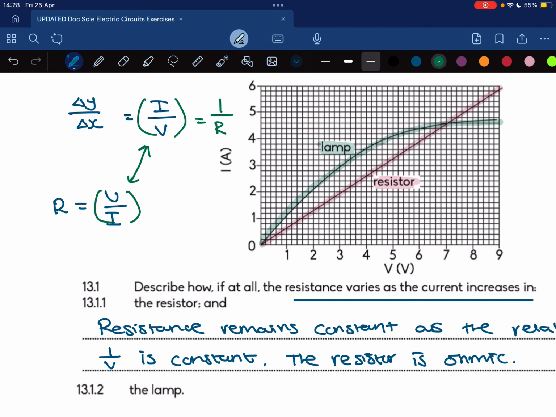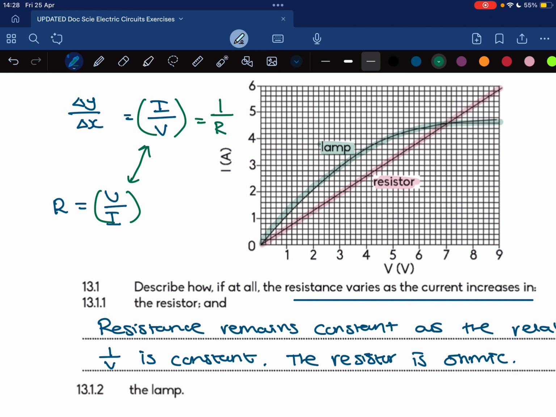With the lamp, you can see that the resistance is changing. What's happening is that the graph is curving like this, which means that the 1 over R relationship is increasing. If it was just R, then the graph would look different. In this case, it's 1 over R and not just R. All you're asked to do is just interpret the graph.